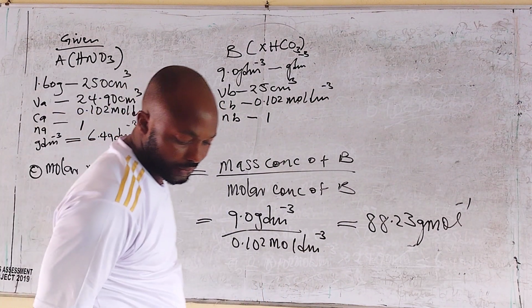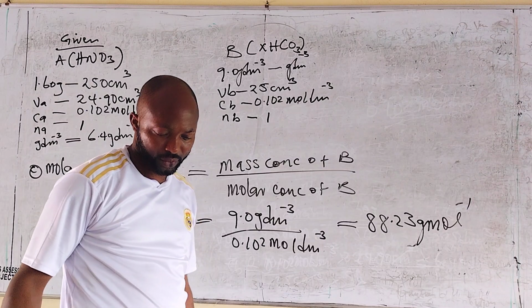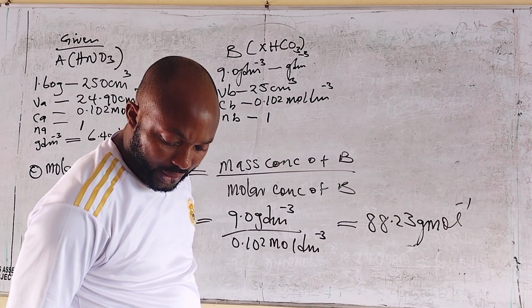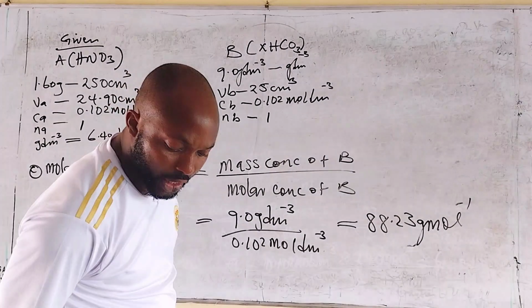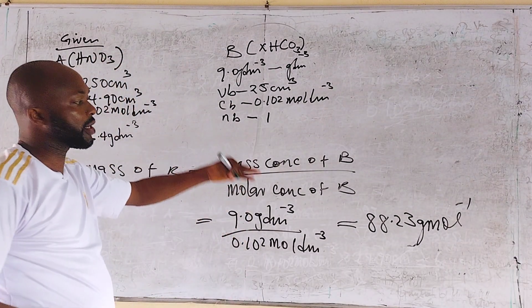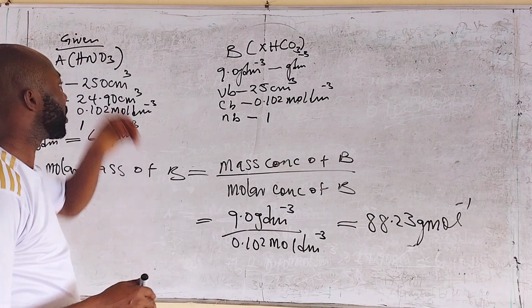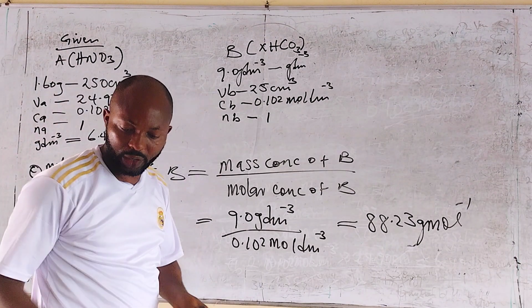Now let's proceed. The next question says the value of X. If we have known the molar mass of X, let's find out what the value is. Let me write that.